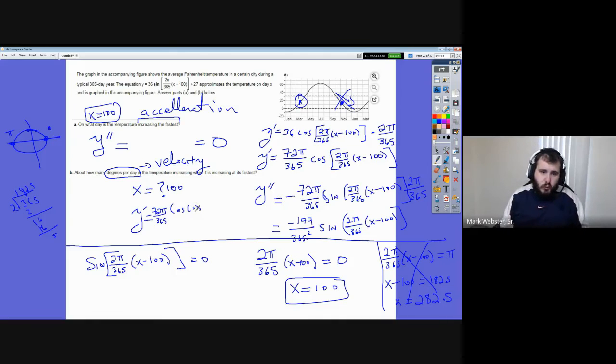The cosine of 0 is 1, so 72 pi over 365. You can leave it like that or you can just put it in the calculator. 72 pi divided by 365. You come up with like 0.6 something.